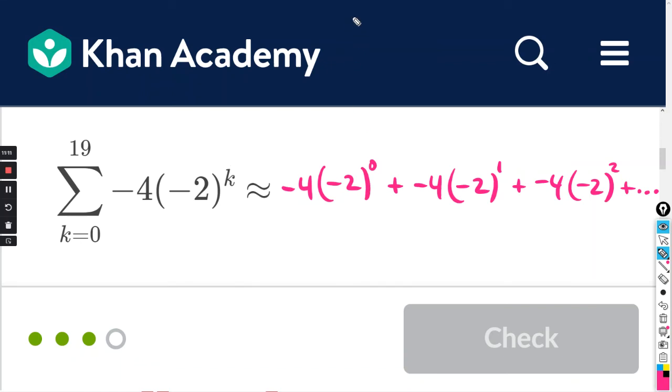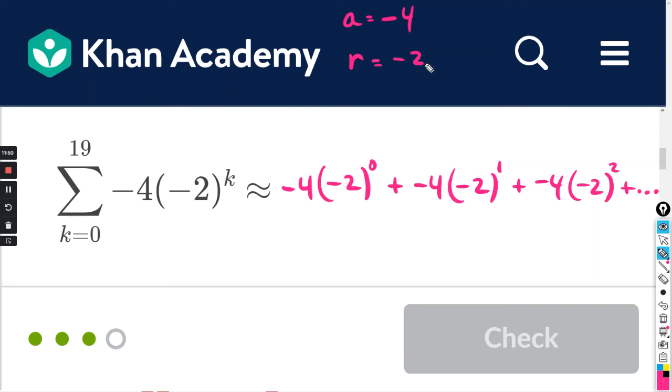So the initial value, a, this is negative 2 to the 0. We know anything to the power of 0 is just 1, and negative 4 times 1 is going to be negative 4. So that's our first term. And as far as r is concerned, you want to see what you're multiplying by each time. Since the exponent is on the negative 2, we can clearly see we're multiplying by negative 2 each time.